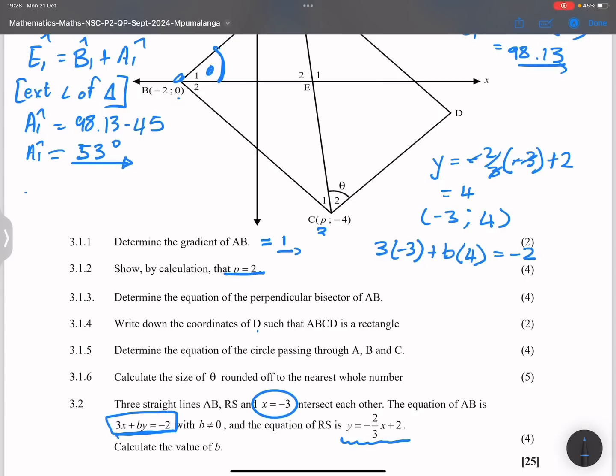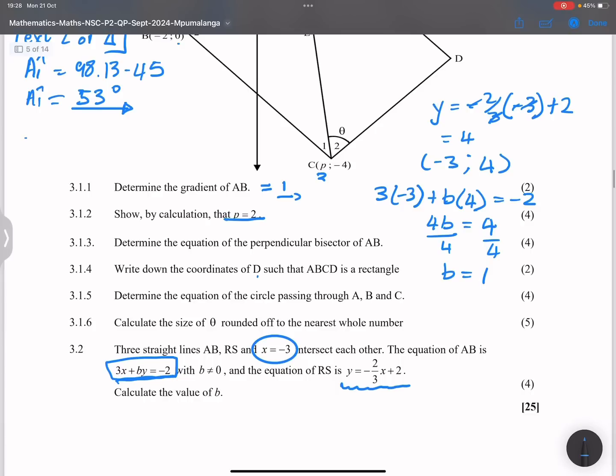So to find the value of b, that's 4b, equal to negative 2 plus 9... that is, 4b minus 9 equals negative 2, so 4b is 7... rather, taking the negative 6 to the other side, it becomes positive: 6 minus 2 gives us 4. And so b would simply be equal to 1.